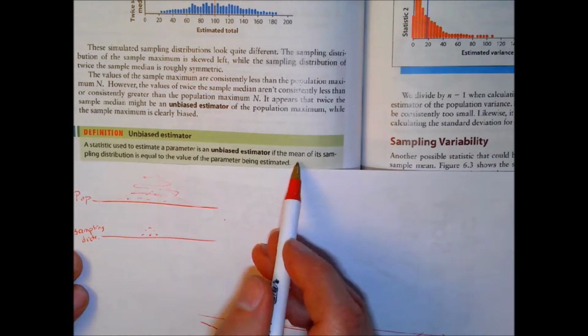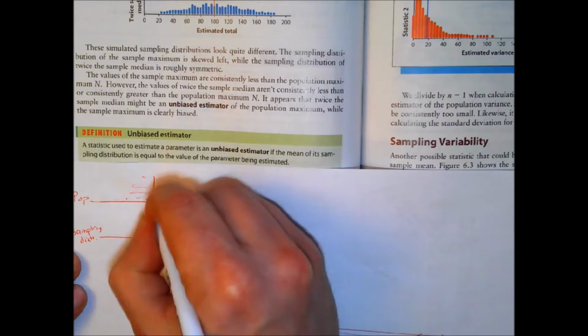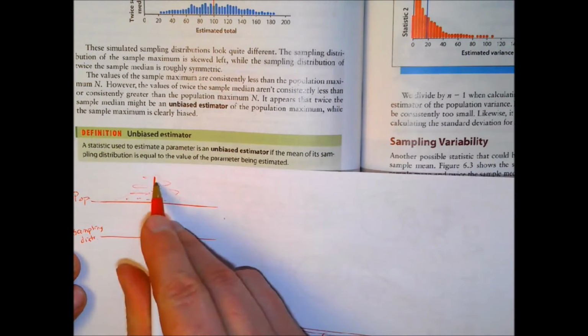So if I'm trying to find the mean of this population, and the mean of my population is equal to the mean of my samples collected, then we would say they are unbiased if those are equal to each other. Okay? So, for example, if we look at these two up here, which one is biased and which one's unbiased? The parameter we're trying to find, our population mean, is this number right here, the red.